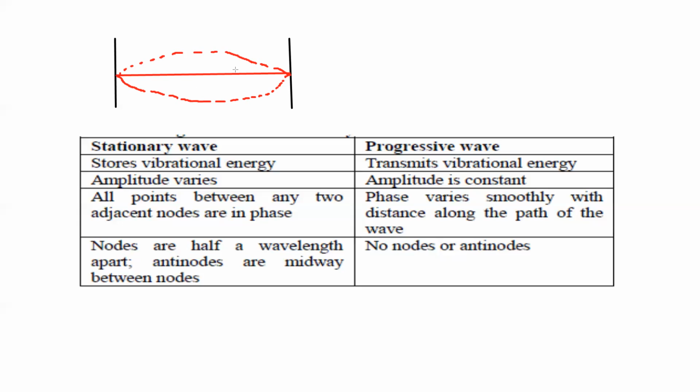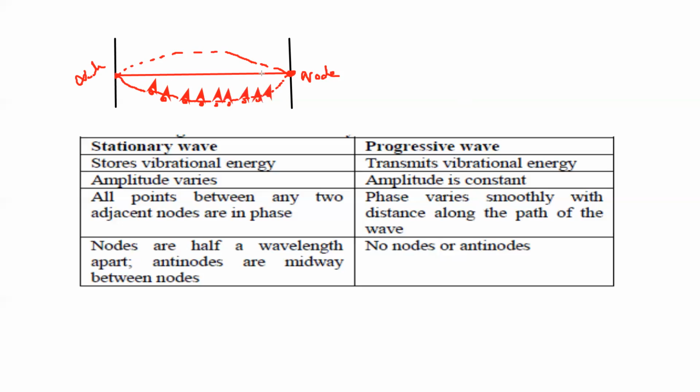What is a node? A node means the region where the amplitude is 0. That is called a node, and this is also a node. If we take any particle in this part of the wave, the particles moving in this part all are in phase. What is the meaning of in phase? It means they all are moving in the same direction.